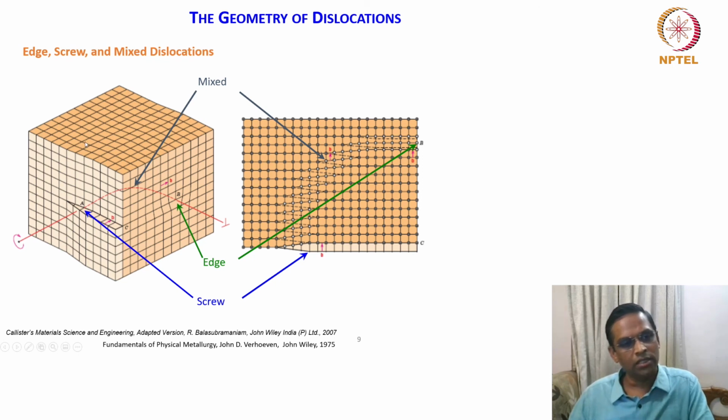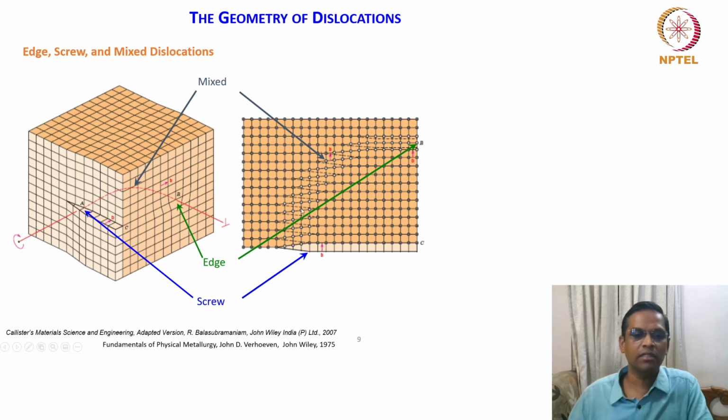If you look at the schematic here, it is nicely shown that this end is a screw dislocation, and in this end it is an edge dislocation. So edge character, and then screw character completely 100%. And what about the mixed one? Where do you find it? Somewhere in the middle.